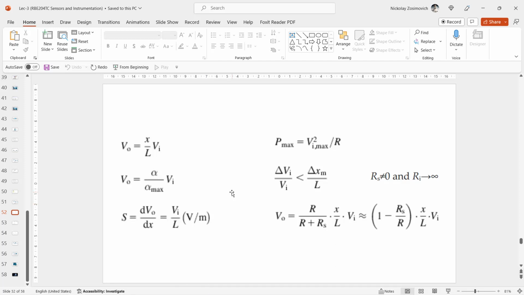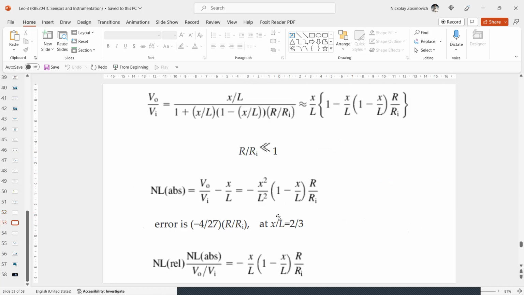A non-zero value of the source resistance introduces a scale error. In our case, if we have R non-zero value, R should become infinity, and the sensor transfer is, and we can see in this case this equation, and we can find voltage.